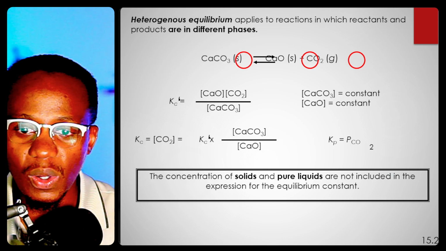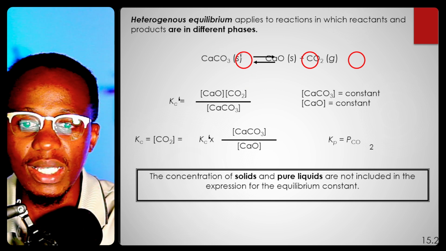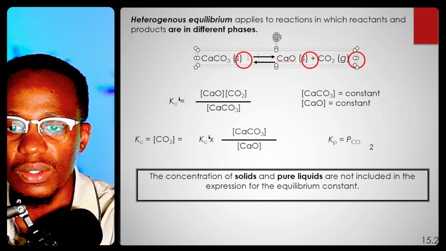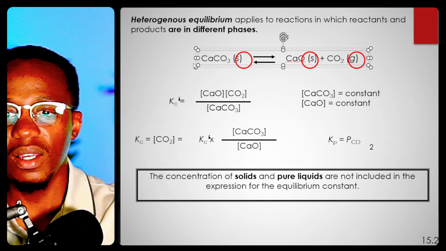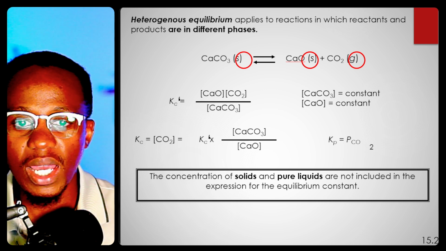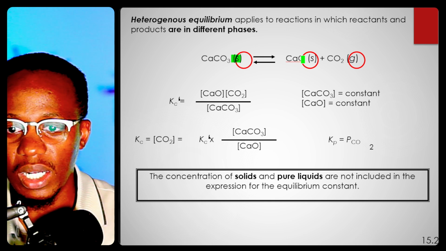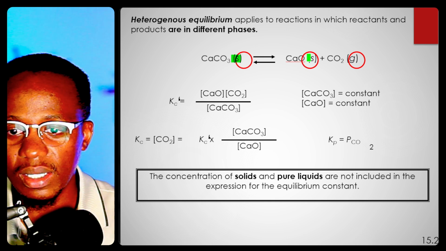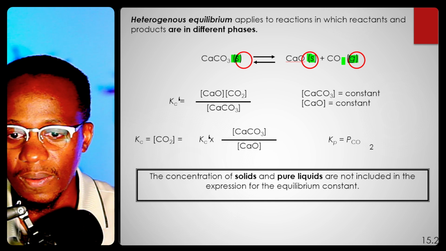Now, what we call heterogeneous equilibrium is when the species in equilibrium are not in the same state. Notice how we have a solid: calcium carbonate is solid. When you heat it up, it becomes calcium oxide, a solid, and CO2 gas.